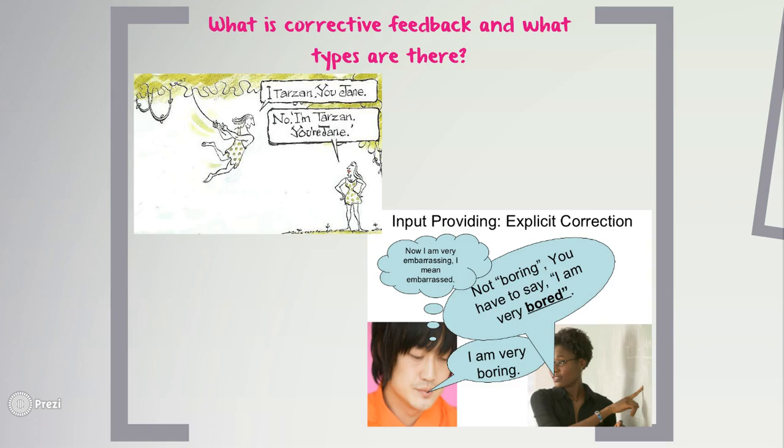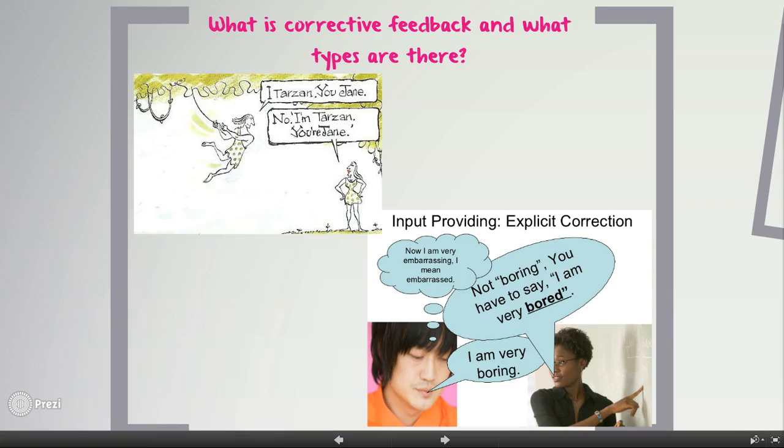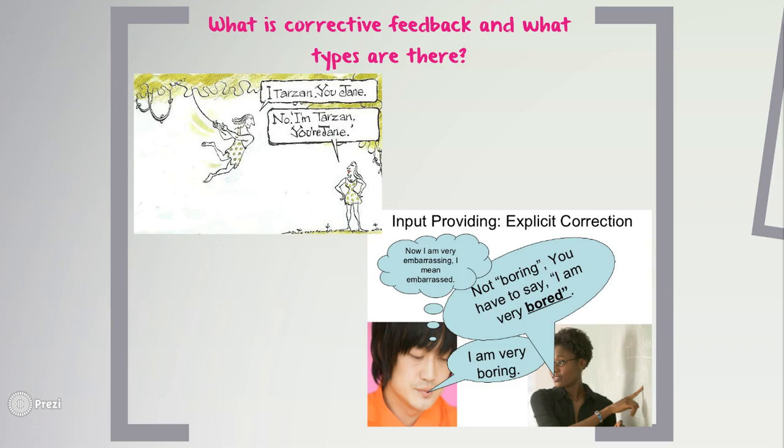Before delving any deeper, it might be helpful if we quickly review some of the terminology associated with corrective feedback. Explicit negative feedback means that the student has done something wrong. The learner has made a mistake, obviously, and this form of feedback clearly states that there is something wrong with their output.